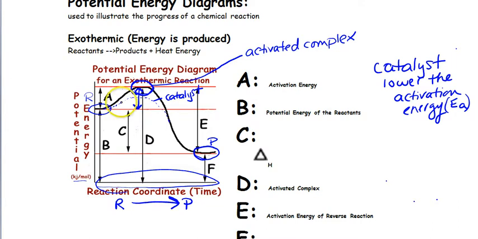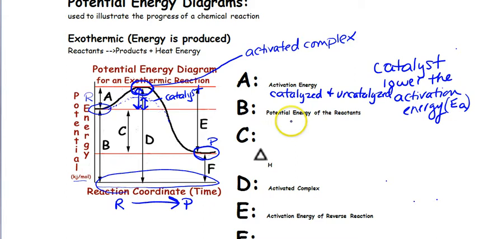If you had a dashed line here, then from here to that peak, that would be the activation energy for the catalyzed reaction. So you could have activation energy for both catalyzed and uncatalyzed. So you would look to see for the solid line, and also if it's provided for the dashed line.